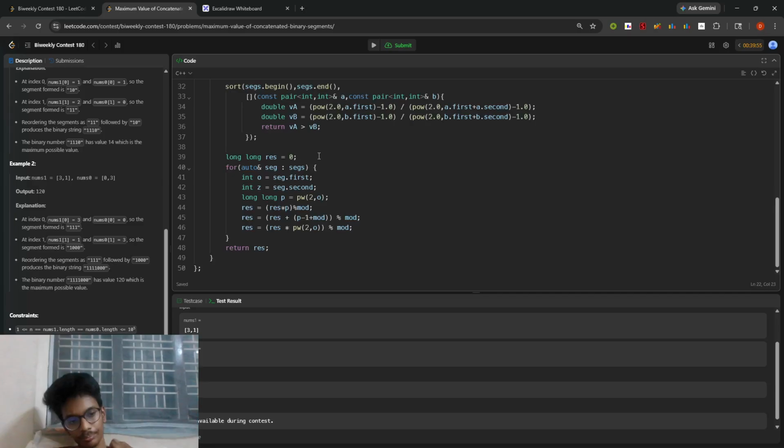O is the segments first, number of ones.